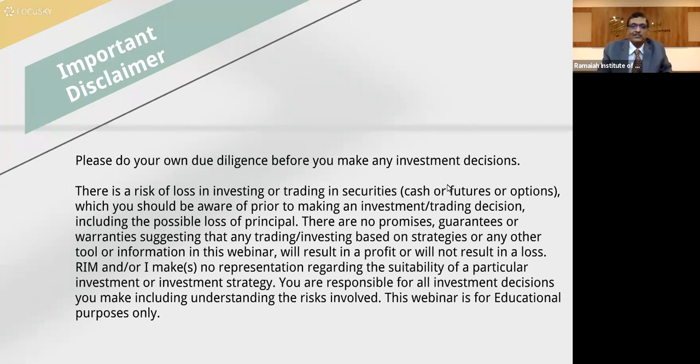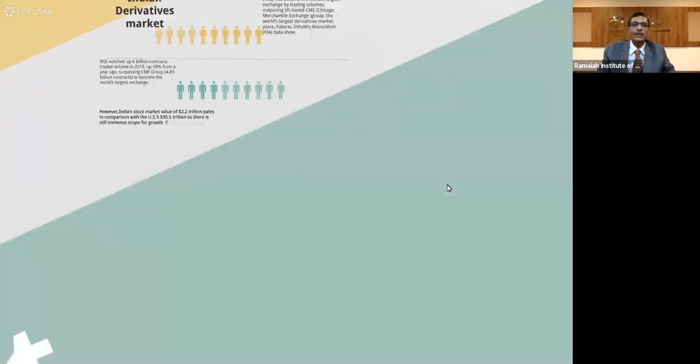There are no promises, guarantees, or warranties suggesting that any trading or investing based on strategies, or any other information or tool in this webinar, will result in profit or will not result in a loss. Ramaya Institute of Management and I make no representation regarding the suitability of a particular investment or investment strategy. You are responsible for all the investment decisions you make, including understanding the risks involved. And this webinar is purely for educational purposes only.